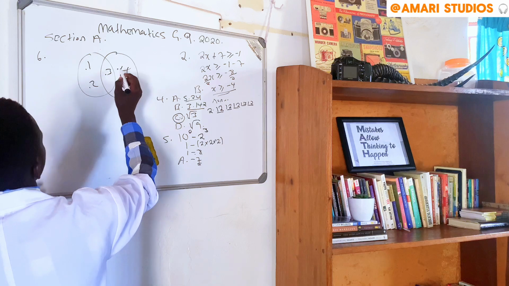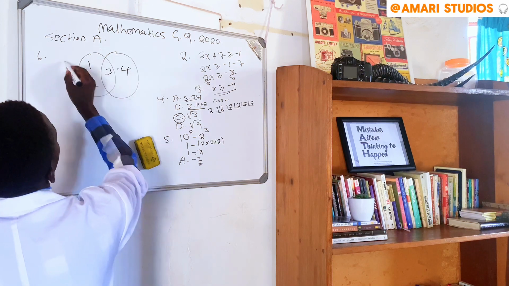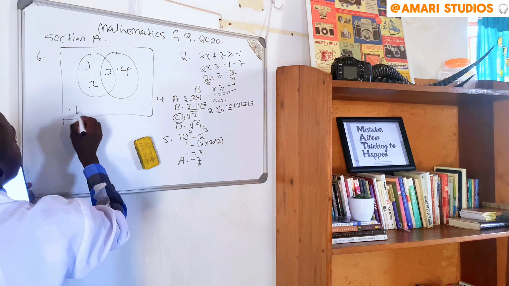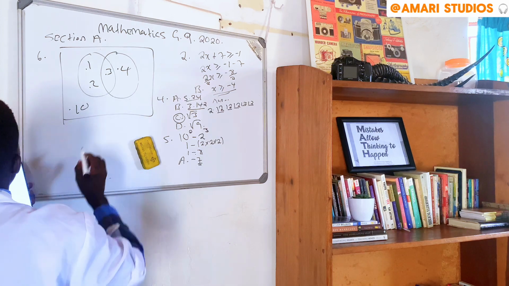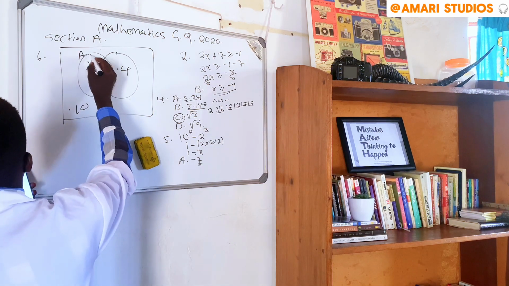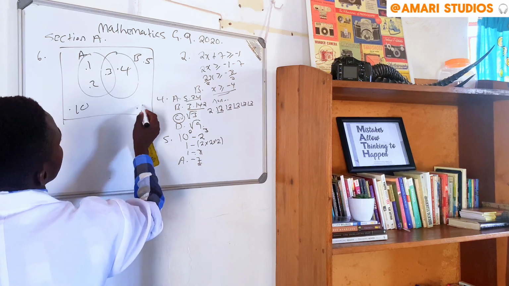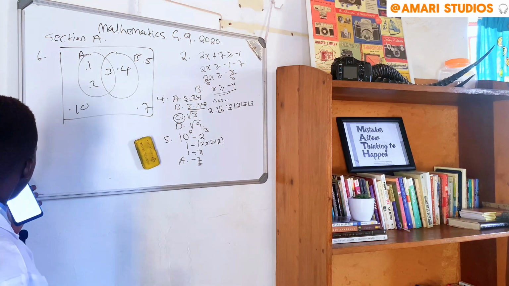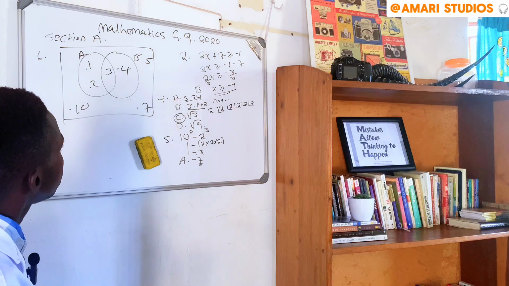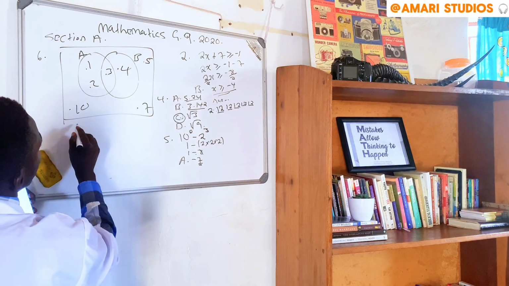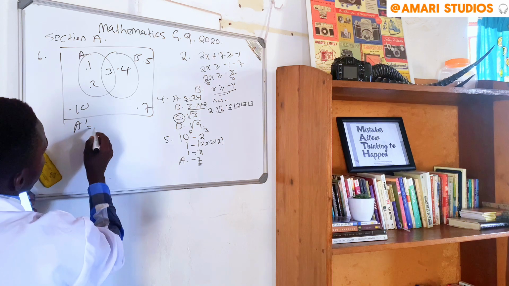These are the members of the sets. The question is saying, list the set A complement.